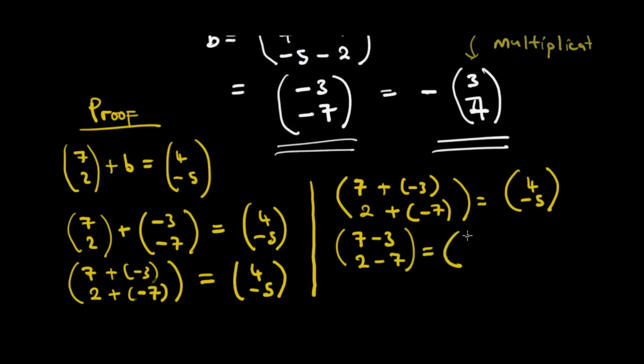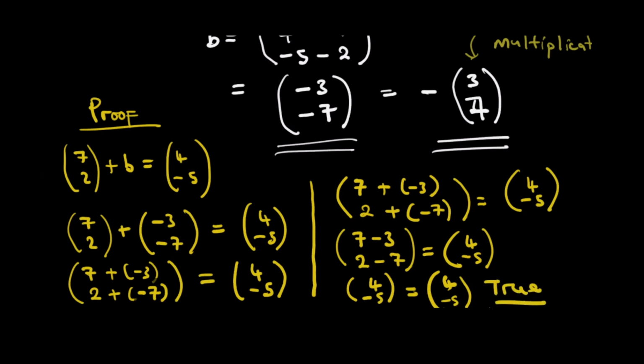Is this equal to 4 na minus 5? Tikati 7 minus 3 tinowana 4. Since it's 4, 5, 6, 7. Tikati 2 minus 7 tinowana futi minus 5. Saka zvatawana ku left hand side zviri exactly equal to zvatawana kana kuti zviri ku right hand side. Kureva kuti we have proven our answer to be true. Saka this answer of minus 3 minus 7, which can also be written as minus bracket 37, is correct.